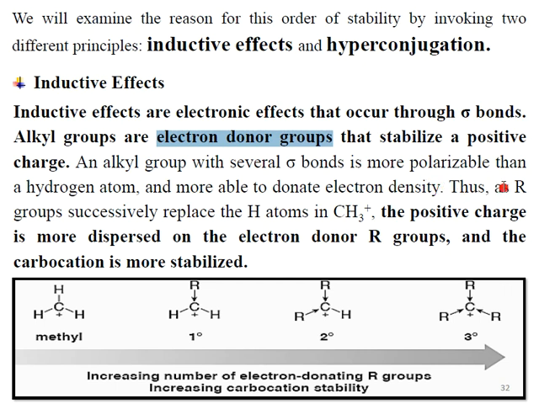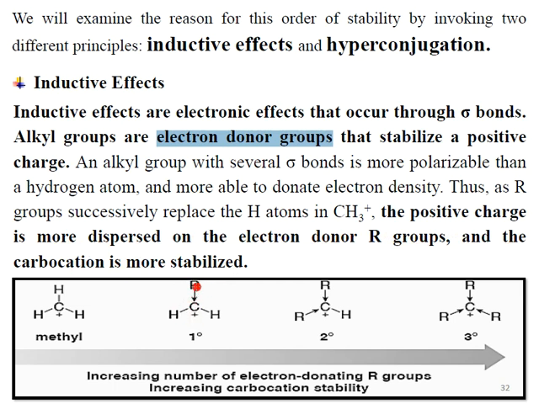And for this reason, as R groups successively replace the hydrogen atoms in CH3, the positive charge will be more displaced onto the electron donor groups, the R groups, and the carbocation will be more stable. Look at this one, R group donating.